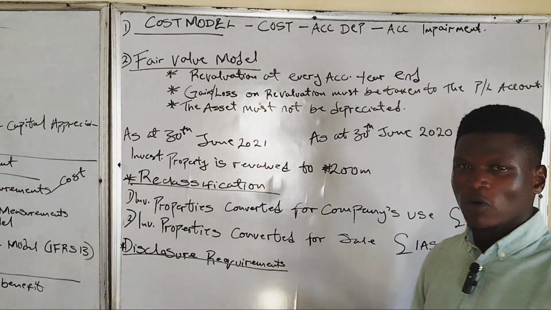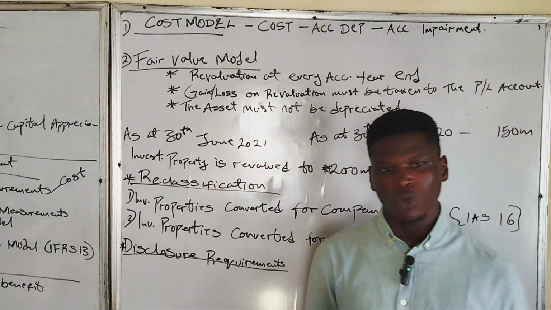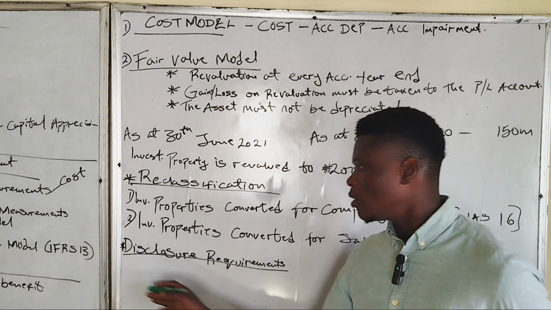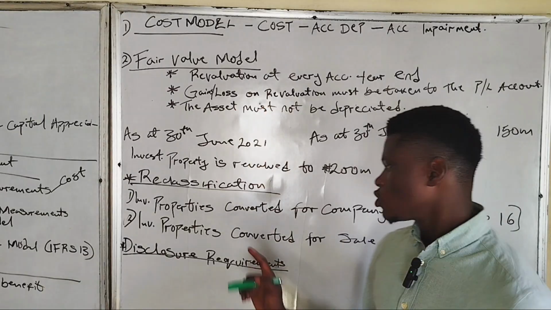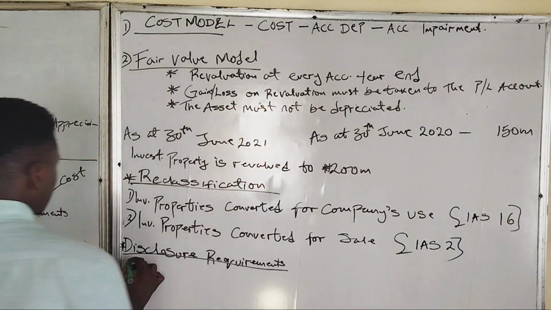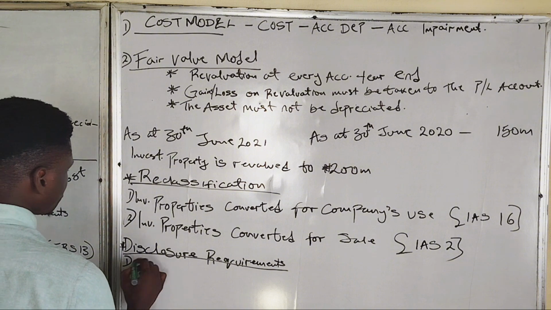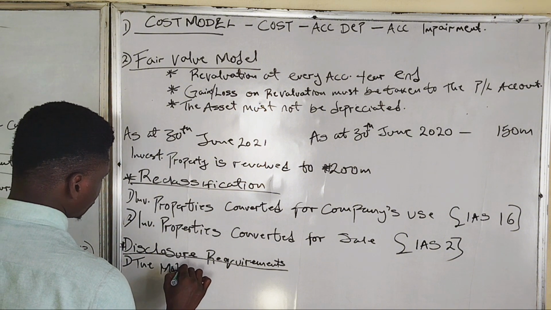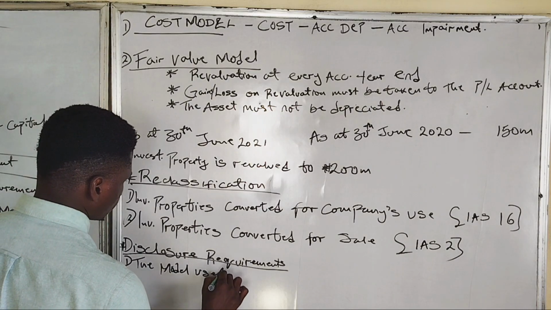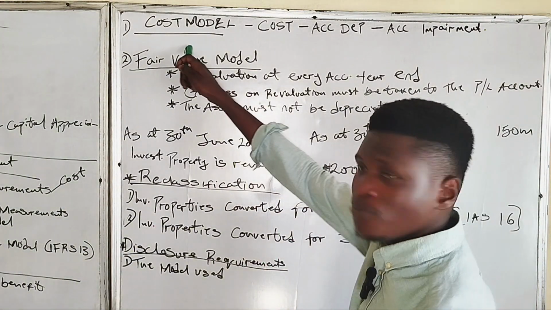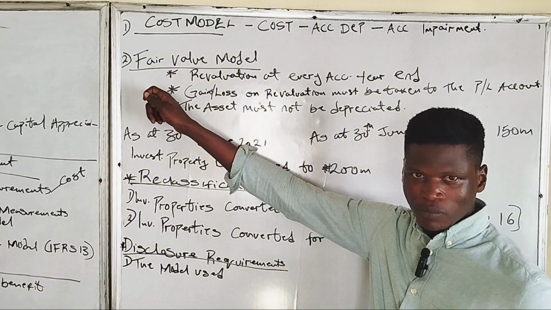What users of this financial statement should actually know is what we record under disclosure requirement. Under IAS 40, the entity must disclose the models used. You must disclose whether you are using cost model or fair value model.